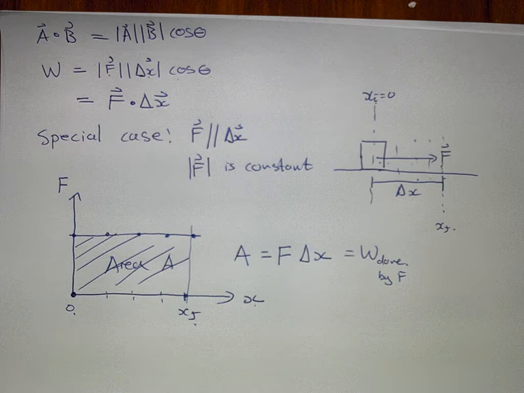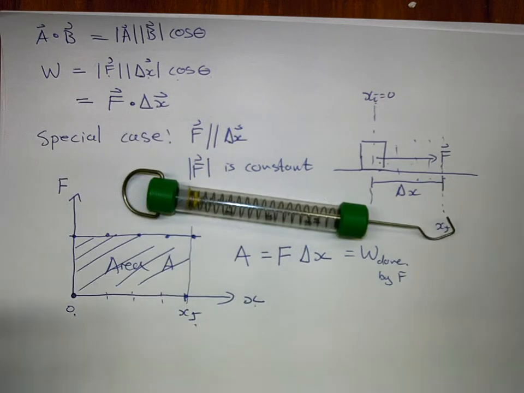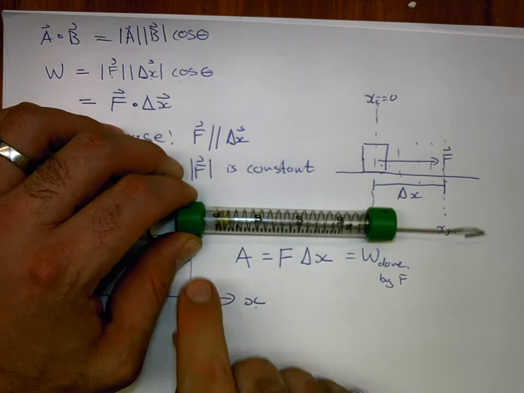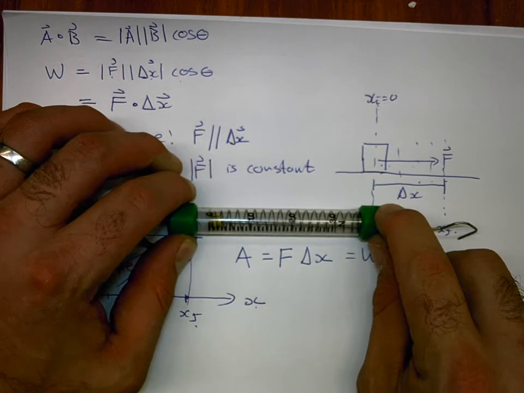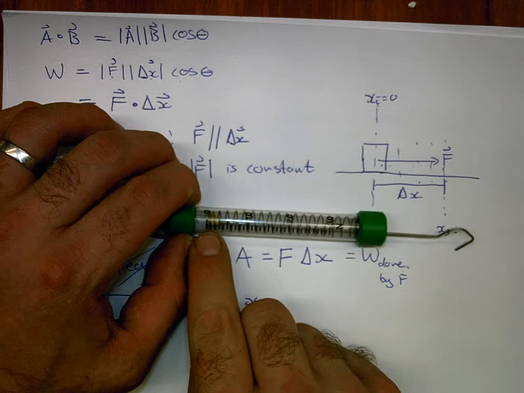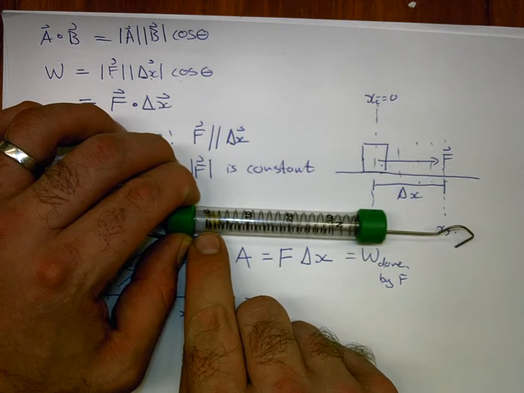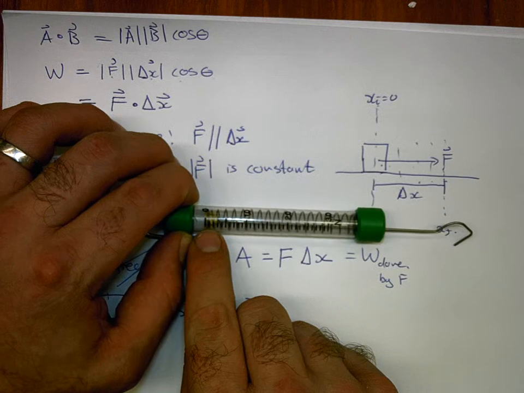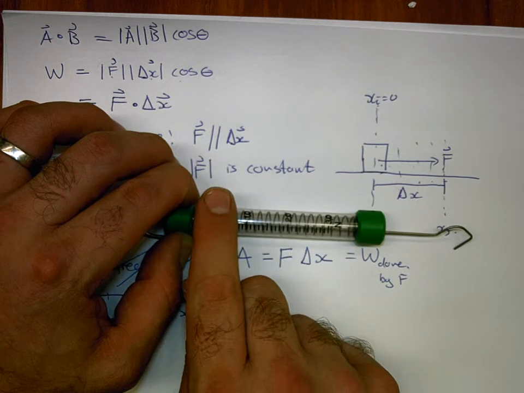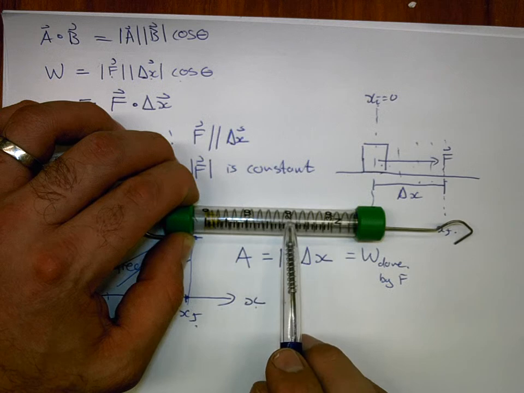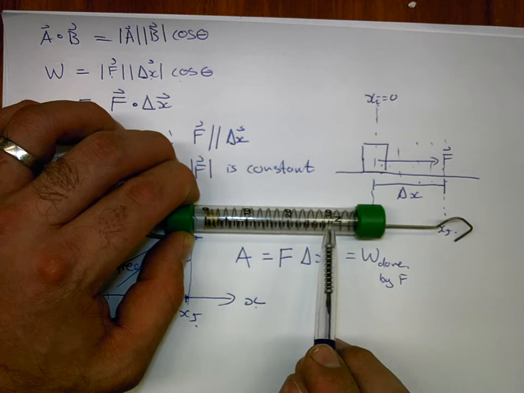And here is a very good example of a force that is not constant with position. This is essentially a force meter. So this yellow little plunger at the end tells me how much force I'm applying. Right over there is 0. There is 2 newtons, 3 newtons.